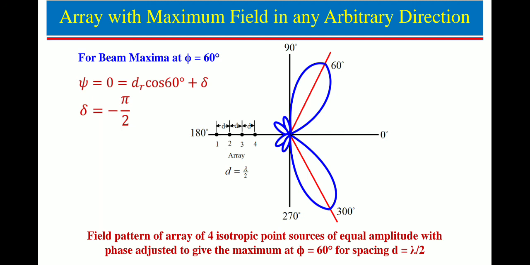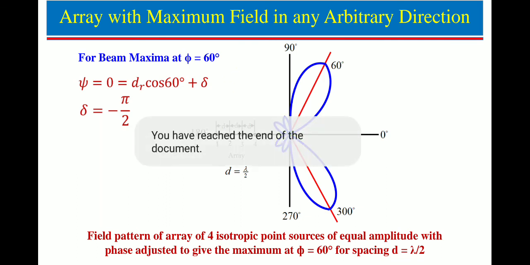If we draw the field pattern of an array of 4 isotropic point sources of equal amplitude with phase adjusted to the maximum at phi equal to 60 degree, and for spacing d equal to lambda by 2. So this spacing is lambda by 2 in each.